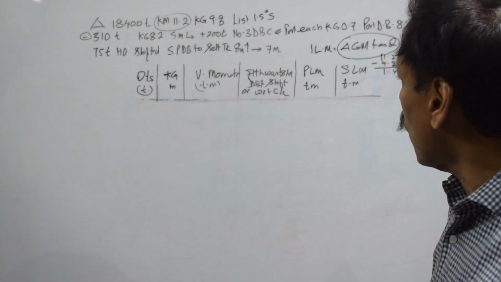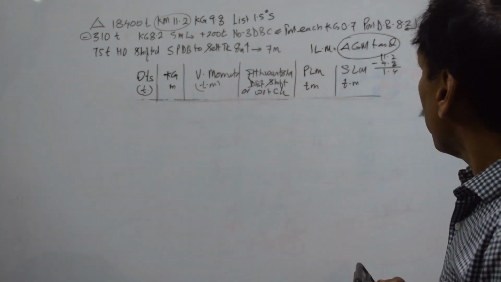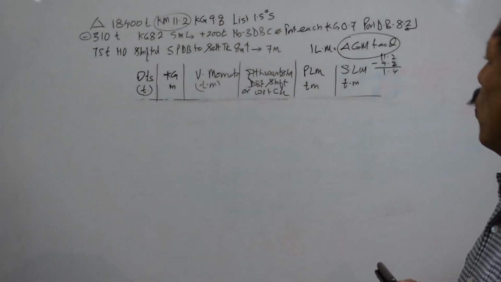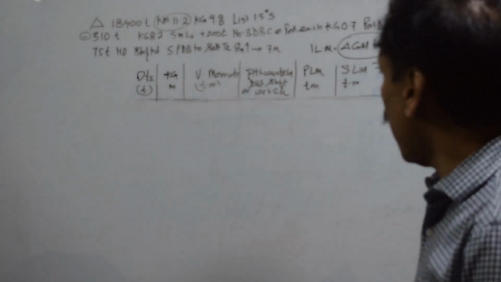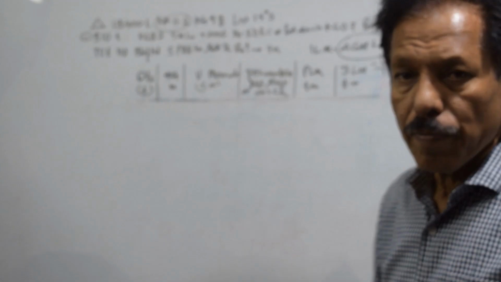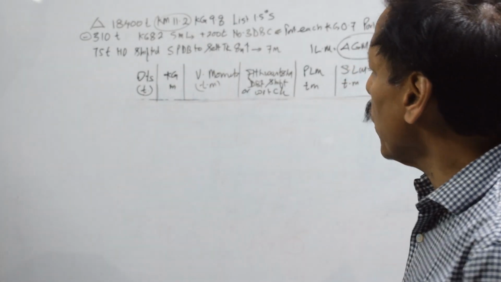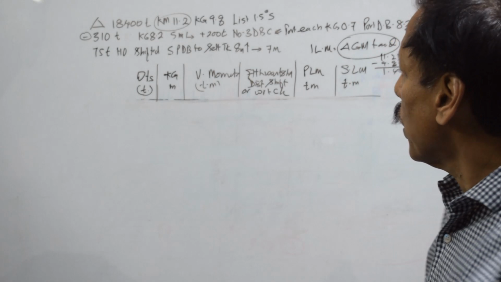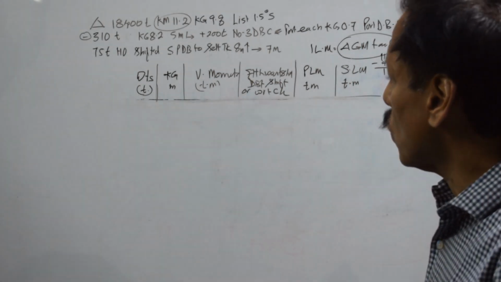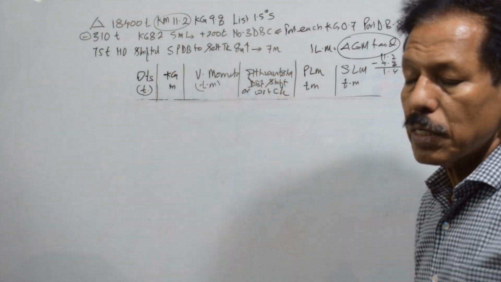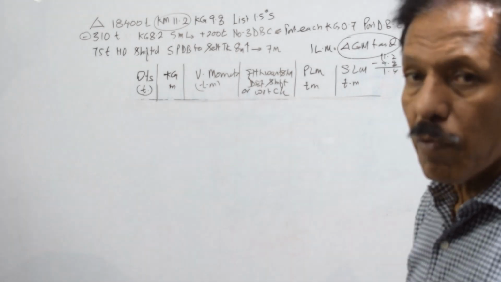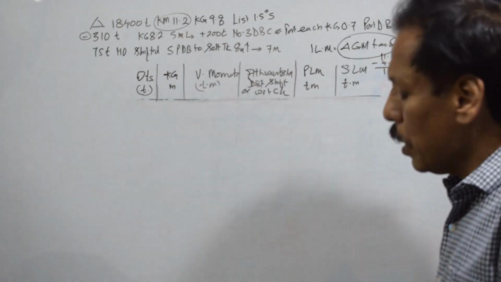The port double bottom is 8.2 meters to the port of centerline, and both the double bottoms are at the KG of 0.7 meters. 75 tons of heavy oil is shifted from the port double bottom to the settling tank, which is 8 meters above and 7 meters to the starboard.